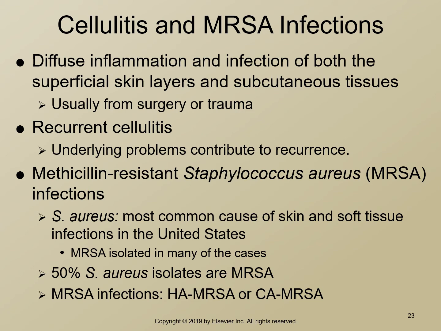Aside from Staphylococcus aureus being a causative agent of cellulitis, MRSA, or methicillin-resistant Staphylococcus aureus, is one of the most common causes of skin and soft tissue infections in the United States. MRSA is common in the hospital setting, and it actually accounts for almost 50% of the Staphylococcus aureus isolates.